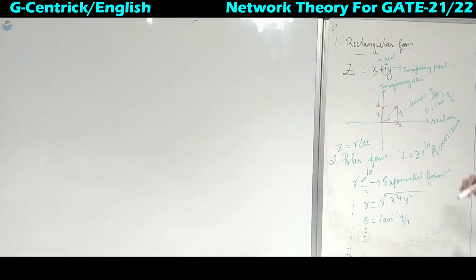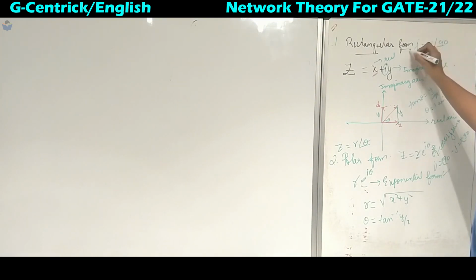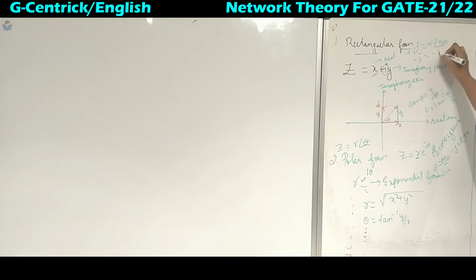We will take it as j only, which means plus j is plus 90 and minus j is minus 90 degree with an amplitude of 1. We will write it as 1 angle 90 if it is positive. If it is negative, then we will write it as 1 angle 90 degree with a negative sign.